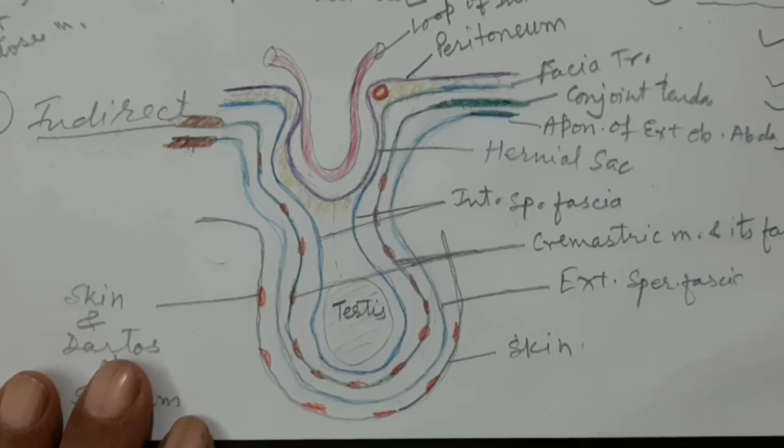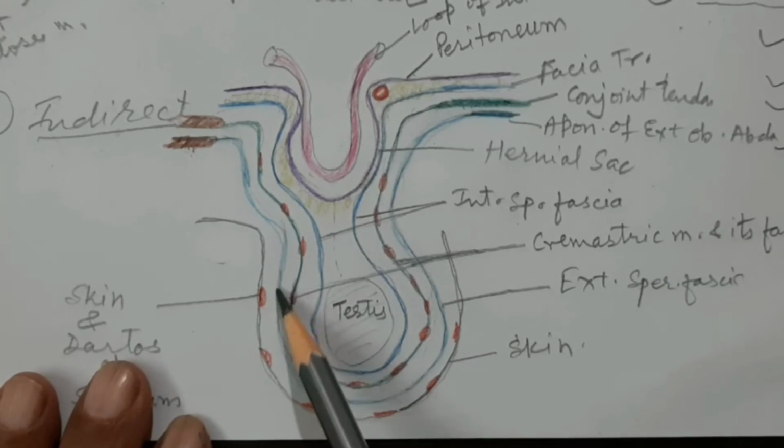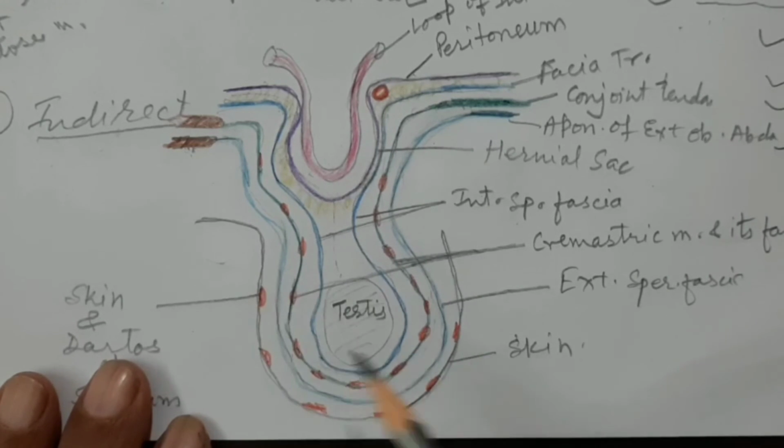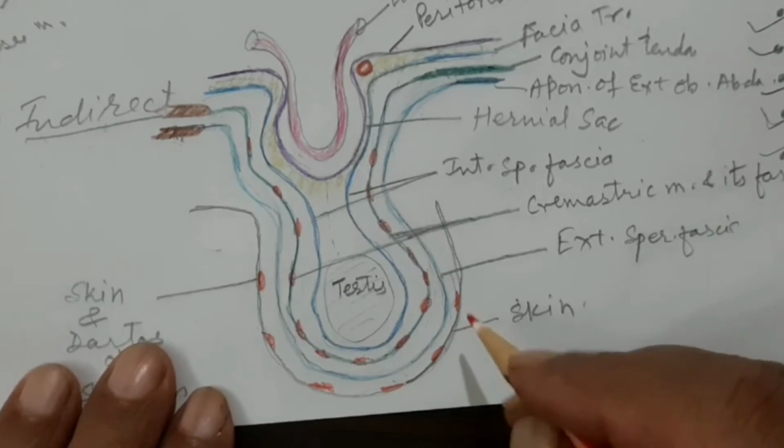and that is the external spermatic fascia. Then after this external spermatic fascia, the outermost covering is the skin, and deep to the skin lies the dartos muscle, which is not always a continuous sheet, maybe having patches, or sometimes it is also a continuous sheet. So let me draw it like a continuous sheet of the dartos muscle.